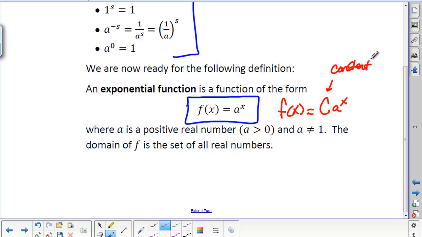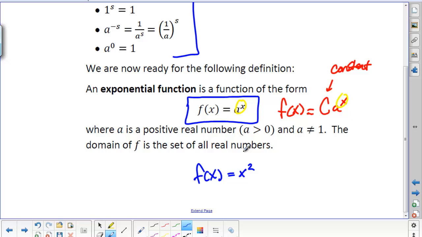But really the key to this function is, notice where the variable x is. It's in the exponent, right? a raised to the x power. Now we've had functions before with exponents in them, something like maybe f of x equals x squared. That has an exponent in it, but notice that the variable is not in the exponent, it's down in the base.